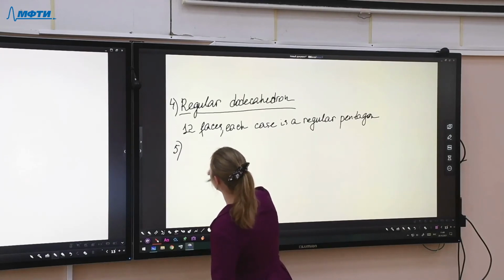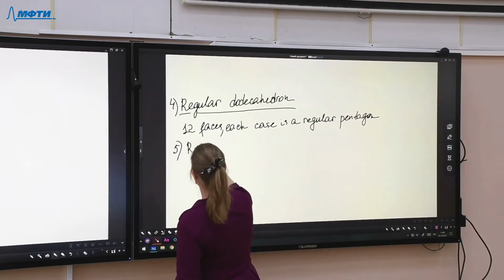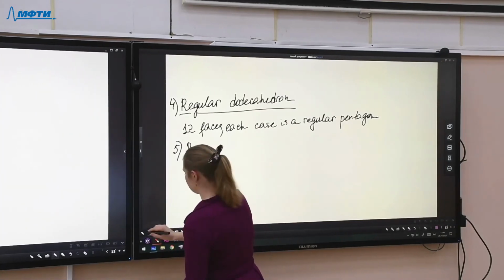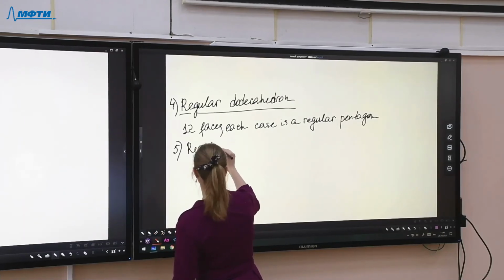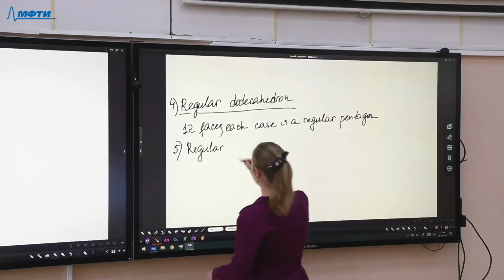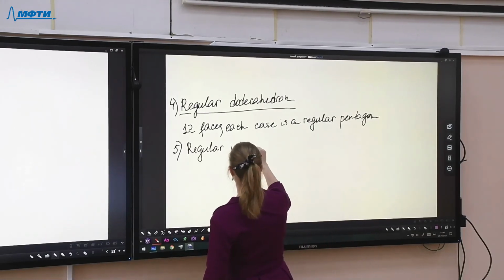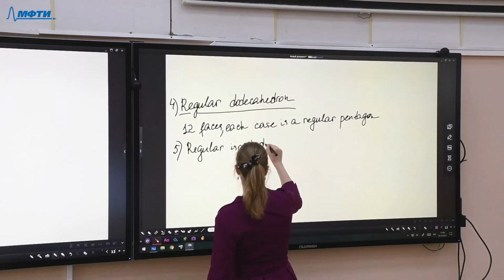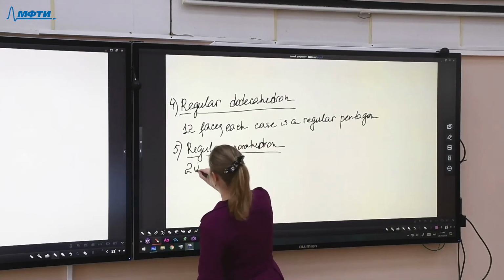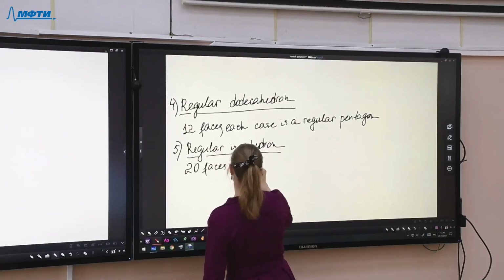And the final case, regular icosahedron. Twenty faces. Each face is a regular triangle.